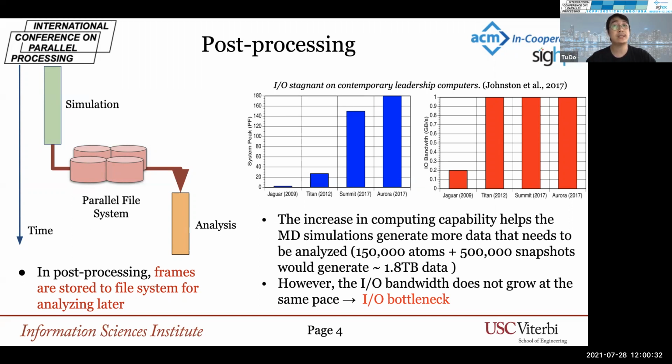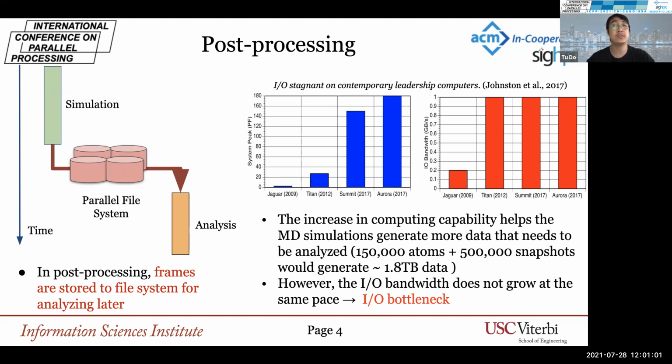The increase in the computing capabilities of the HPC system easily allows the MD simulation to generate a large amount of data. However, the stagnancy in the I/O bandwidth prevents that large amount of data from being stored efficiently in the parallel file system, which makes the parallel file system become the I/O bottleneck for post-processing.